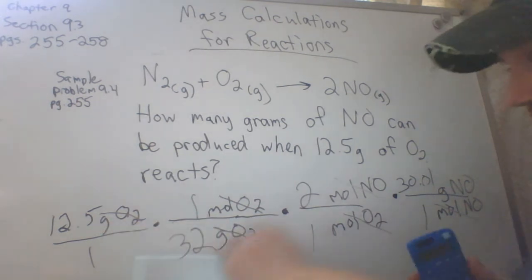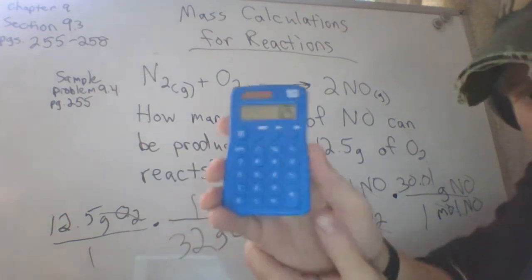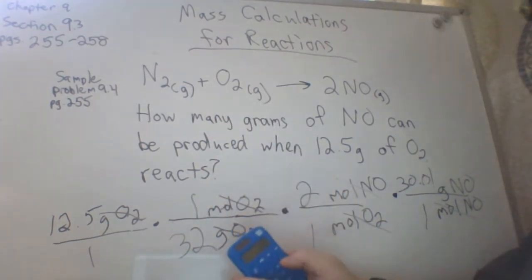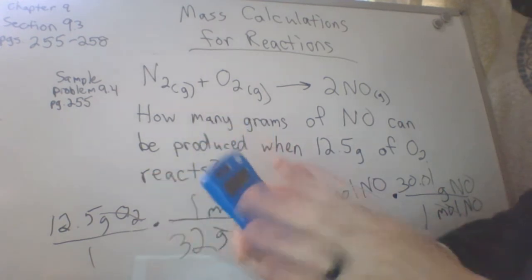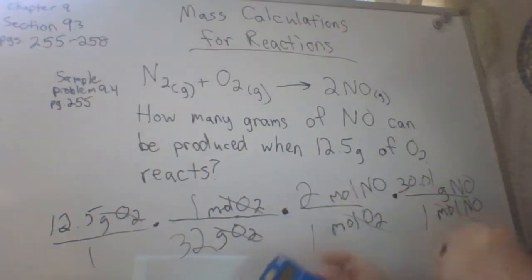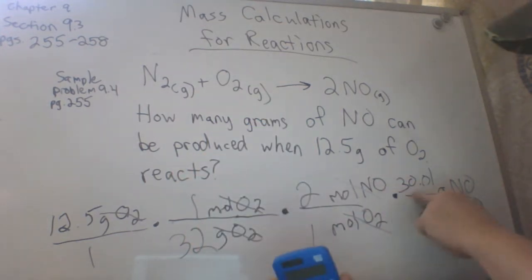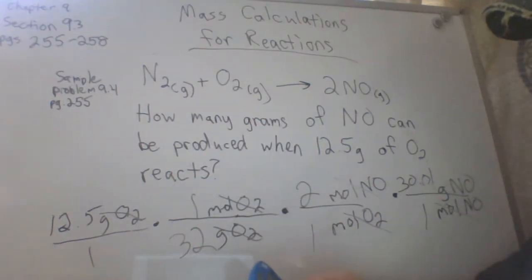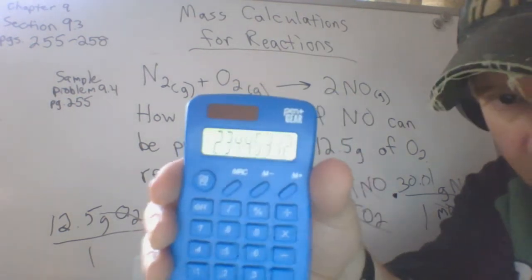I'm just going to go left to right, read it in chunks. 12.5 divided by 32 times 2, because that's in the numerator, times 30.01, and we get right there.